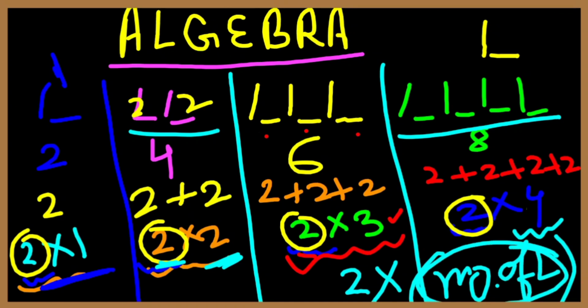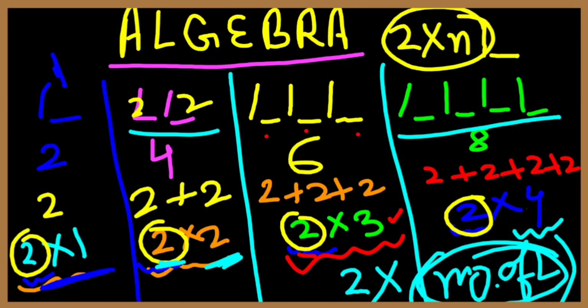The number of L's in the pattern is variable here. So you can use 2 into n as a pattern here, where n is the number of L's in this pattern. So n is variable here and 2 is constant here.